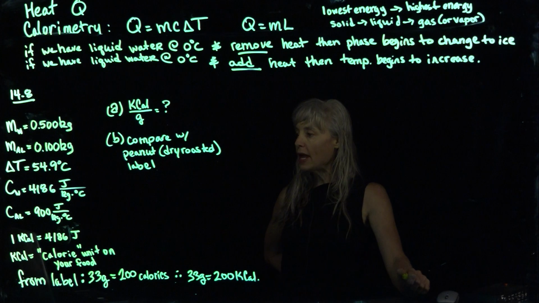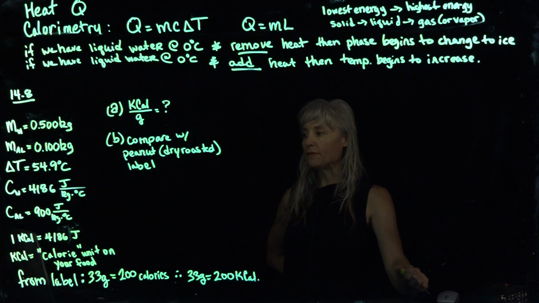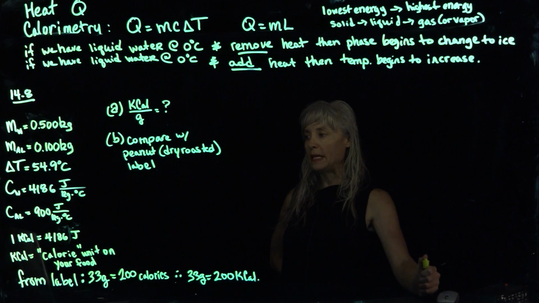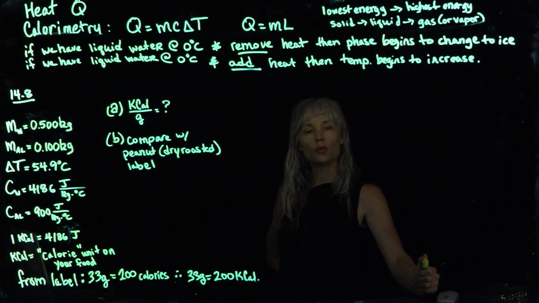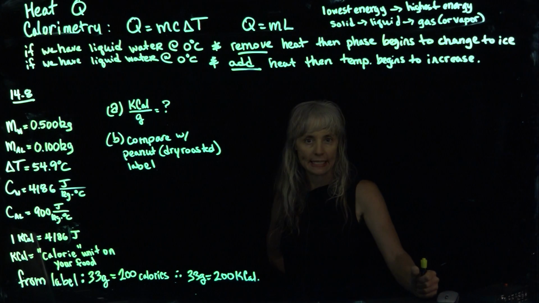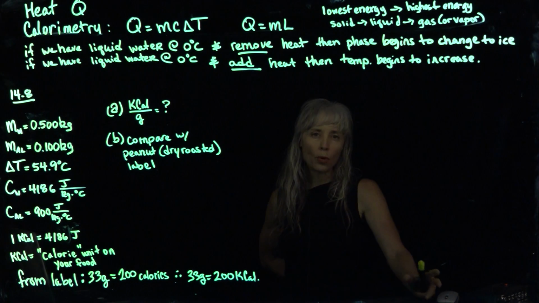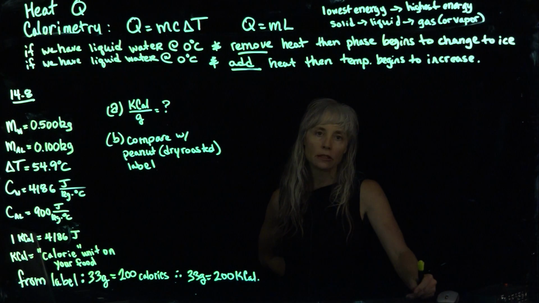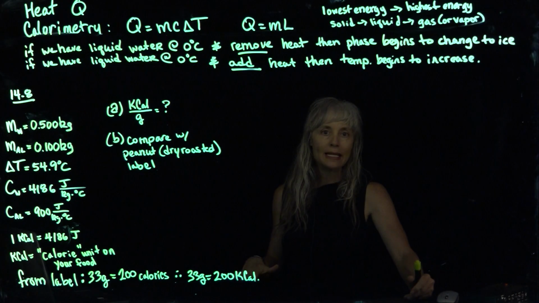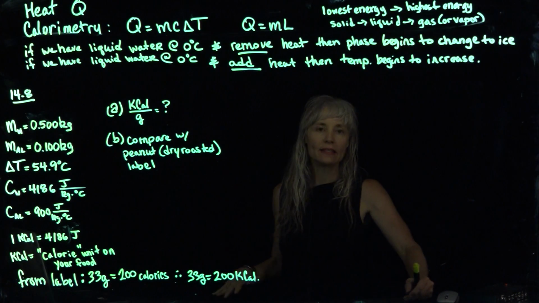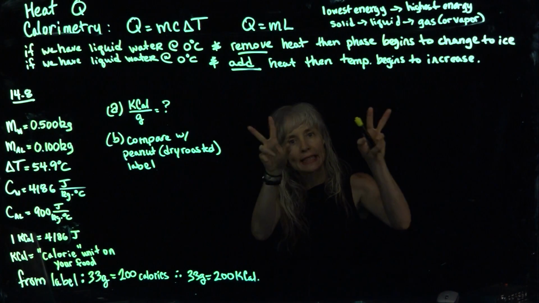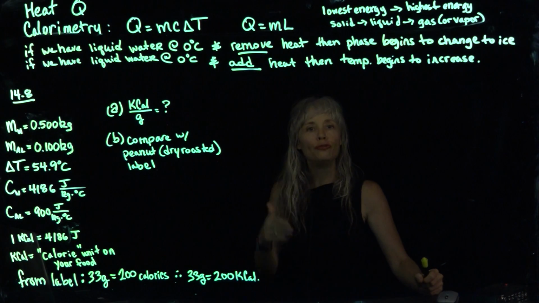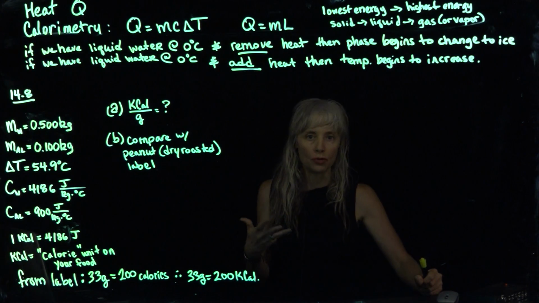B, compare your answer to the labeling information found on a package of peanuts and comment on whether the values are consistent. So it's important to note here that kilocalorie, in the units that we are going to be looking at here, is sadly the same unit as the calorie on your food label that you read in grocery stores.